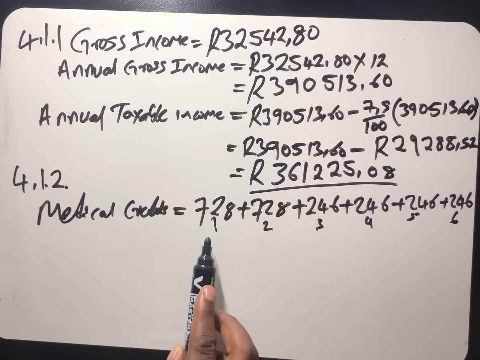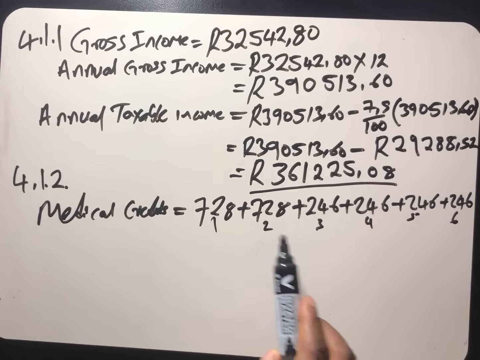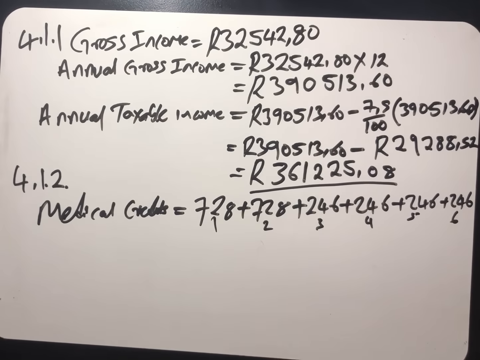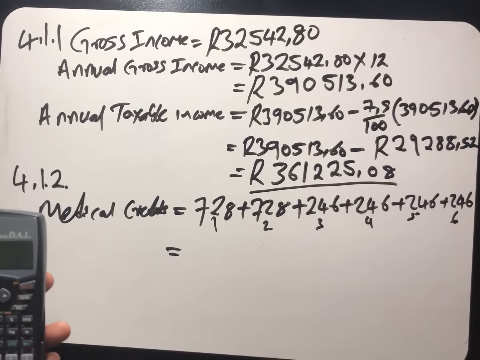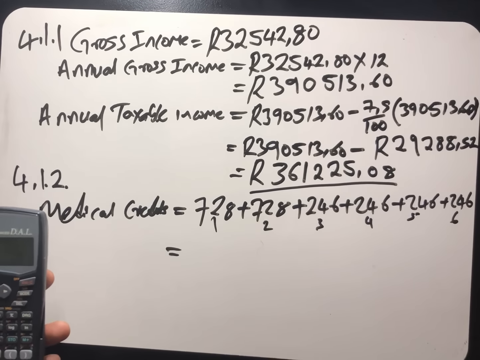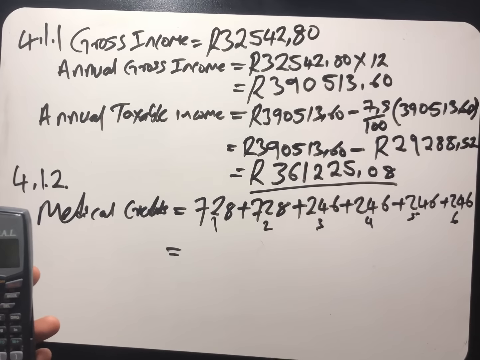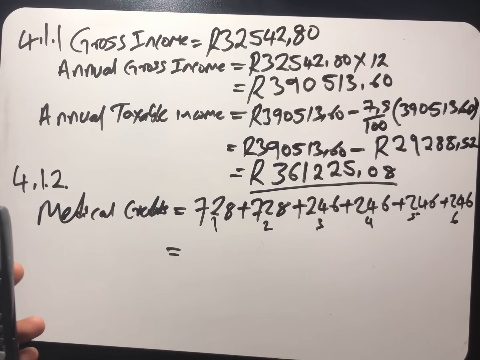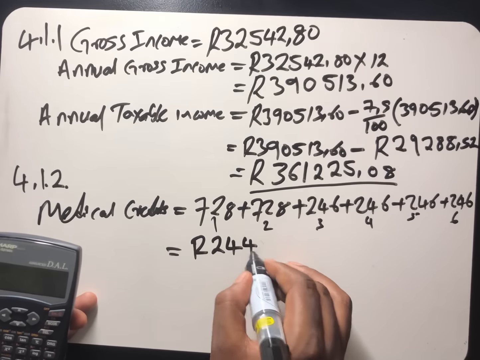The first is a main member, then the first dependent, and the additional members. When we add 728 plus 728 plus 246 plus 246 plus 246 plus 246, I found that in a month they will be paying R2,440.